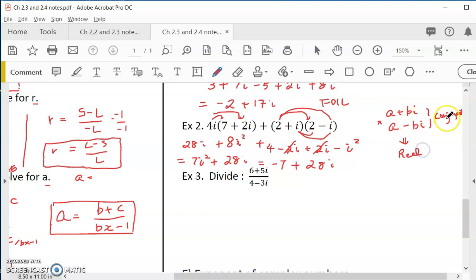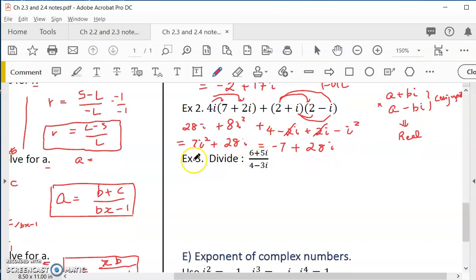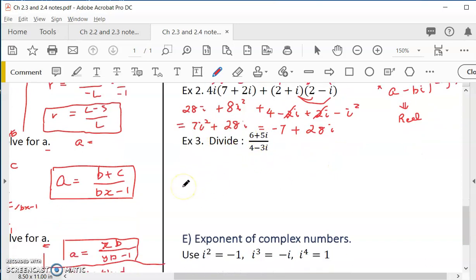Okay. So there's some special things about complex conjugates. And we'll use this fact to do division. For example, I have 6 plus 5i divided by 4 minus 3i. You can think of it as being a fraction. And we are not allowed to have a fraction with a denominator of a complex number.